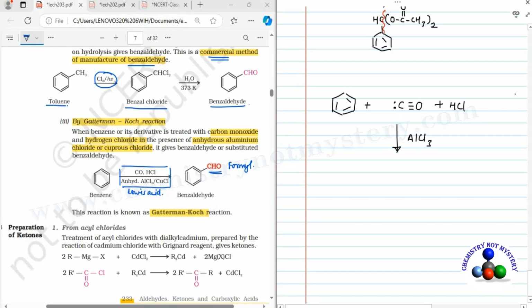By the use of this lone pair, carbon makes a bond with H plus and this Cl is abstracted by AlCl3. And as a result of it, formyl cation is formed. So here you will get CH, triple bond oxygen, and now this carbon will develop this positive charge as it donated the lone pair to hydrogen. Now this is formyl cation.